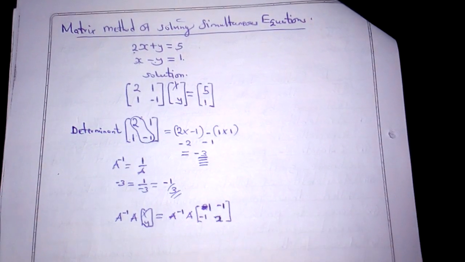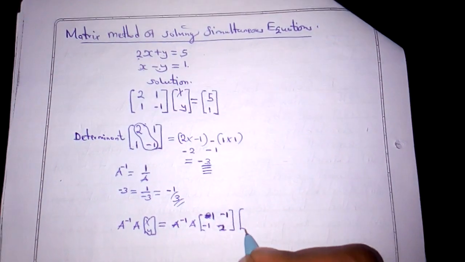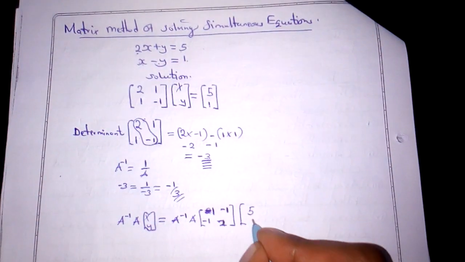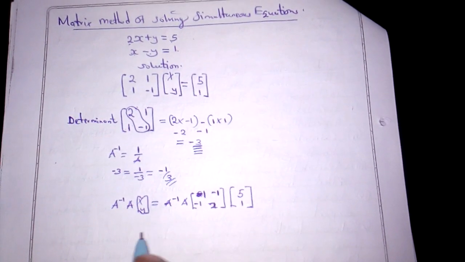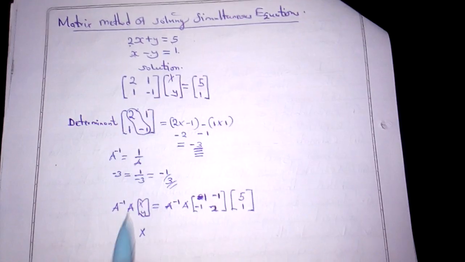Alright? Times what we have on the other side, that is 5 and 1. Are you there? So this is going to give us the identity.